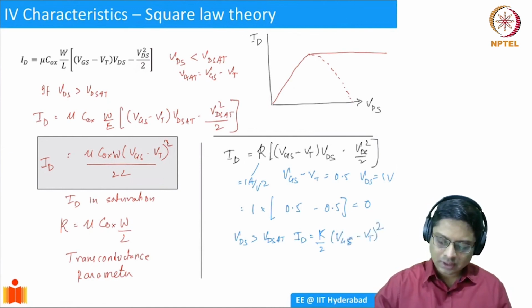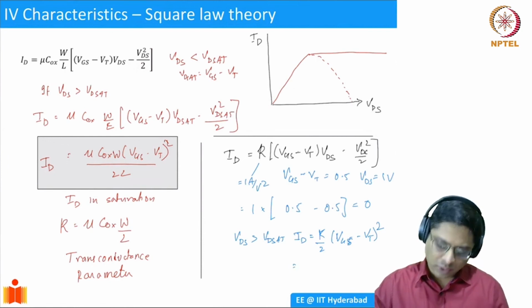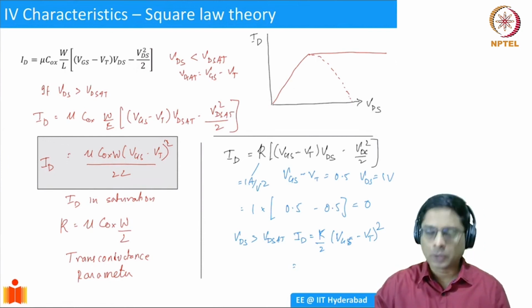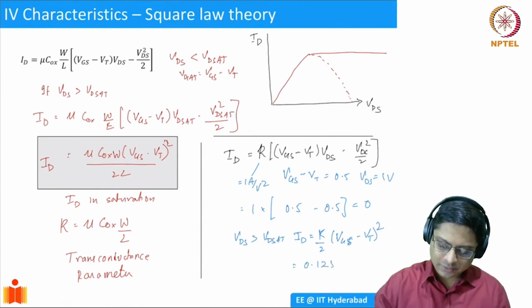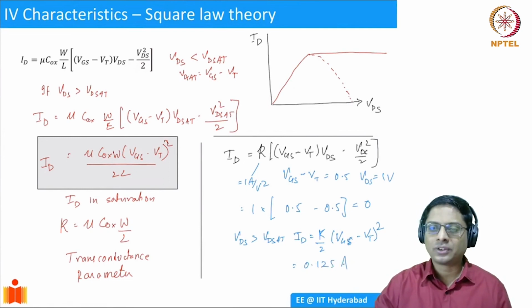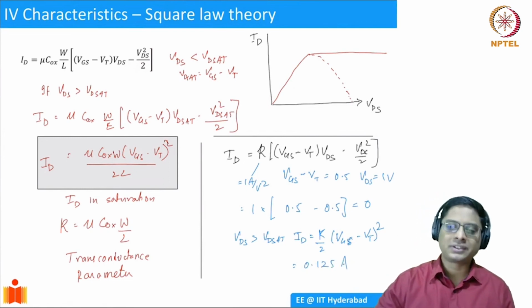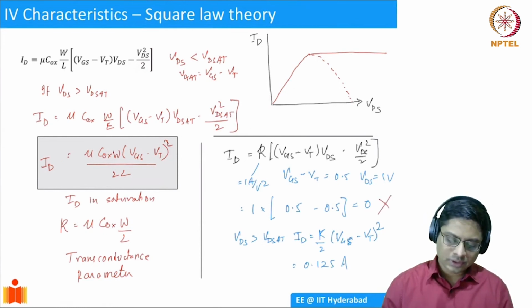If you do this calculation, VGS minus VT is now 0.5. 0.5 whole square will be 0.25. Divided by 2 will be 0.125. 0.125 amps. This will be the correct drain current. But many a times I always find students who will actually give me an answer 0. Answer 0 is going to be wrong. So this is what square law is.